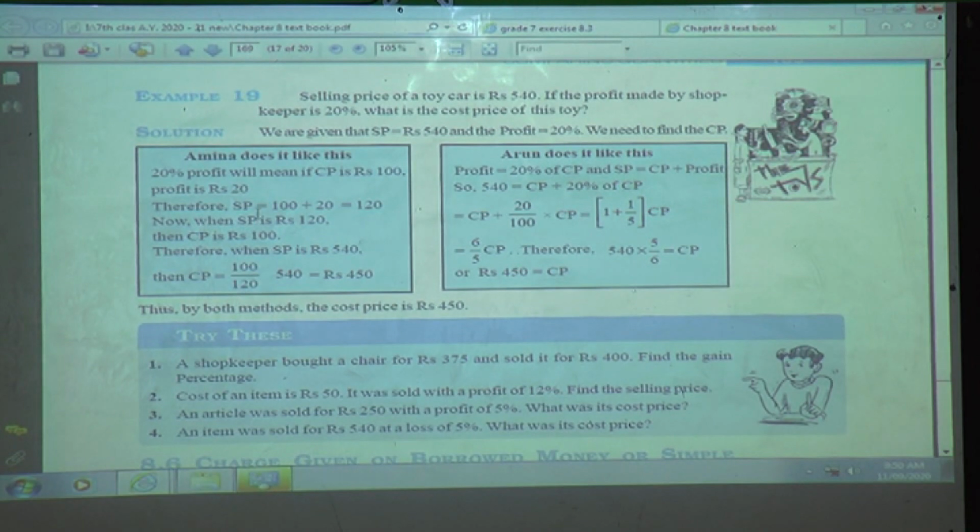Why? Because we are taking it out of 100%. Therefore the SP, that is selling price, is equal to 100 plus 20, which is 120.